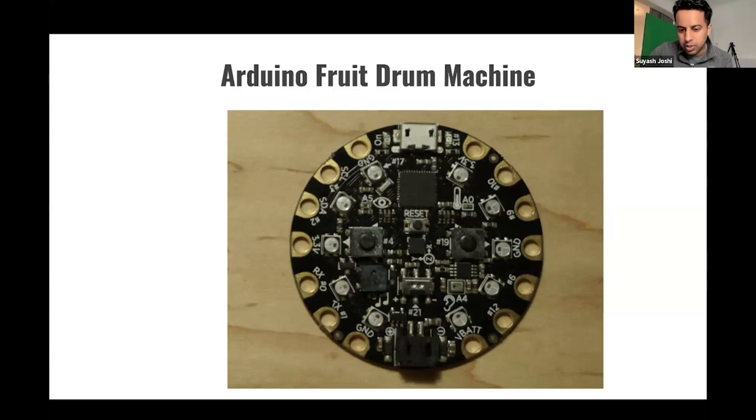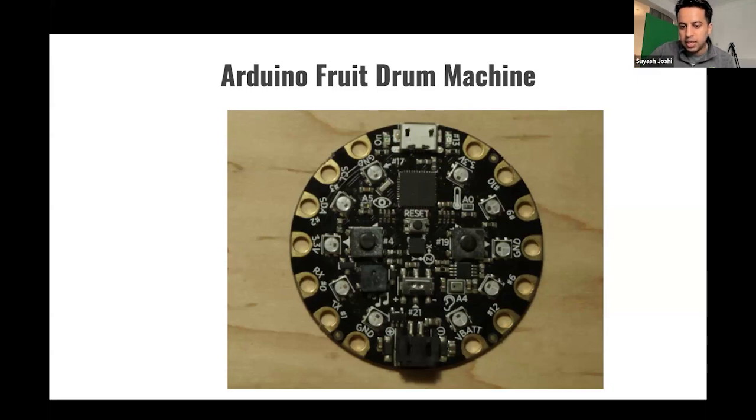One thing to note, somebody was asking in the chat, this board also has a tiny speaker. So you can play sound on the board itself, but it's a very tiny speaker, doesn't sound anywhere close to what we heard before. So the way I do it is because the Arduino is connected to my computer, I detect MIDI signal.